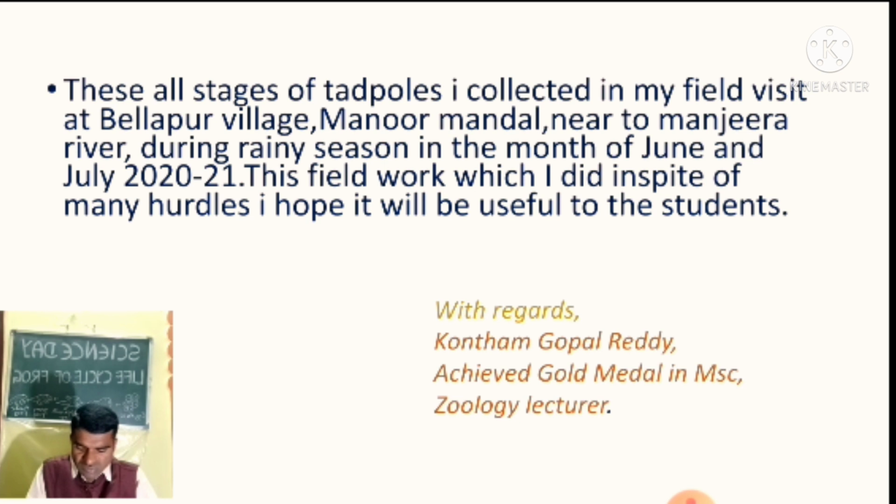For example, grass, grasshopper, frog, snake, hawk. So it is one of the food web. Don't disturb our ecological food chains or ecological food webs.